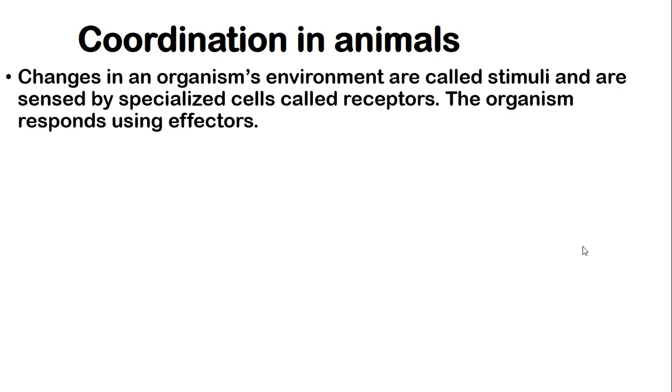What is an effector? Effectors are the muscles that respond. For example, let's suppose you touch something very hot with your arm. Now the biceps muscle pulls your hand away from that hot object.